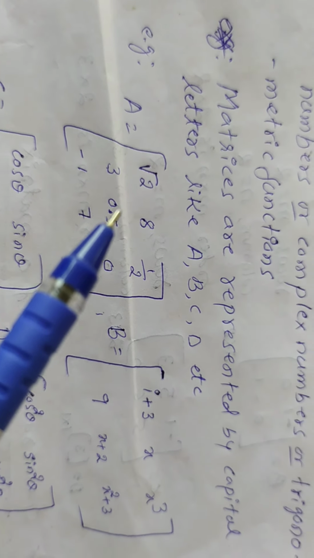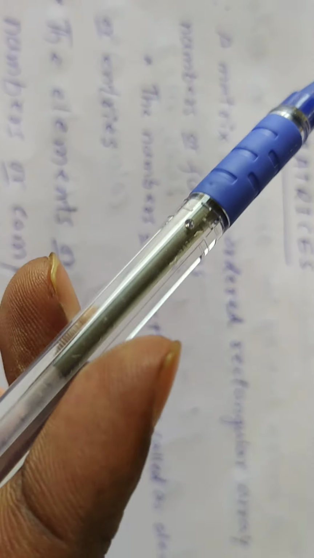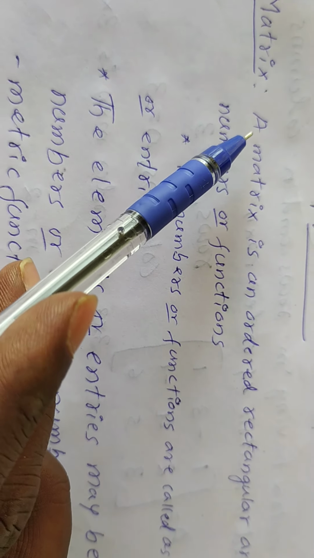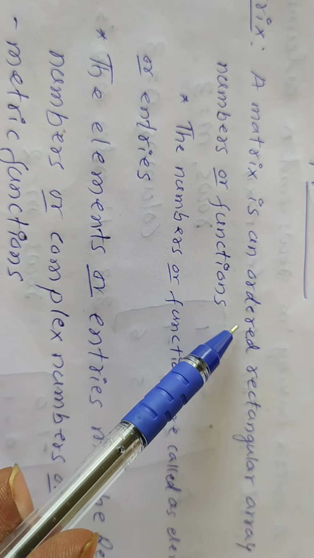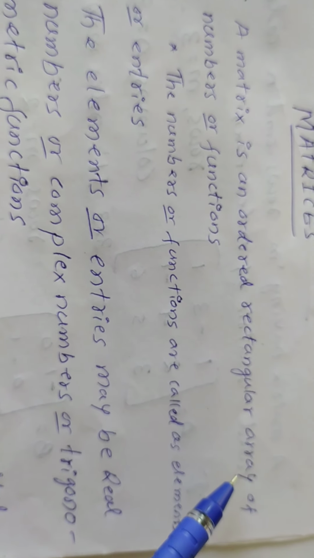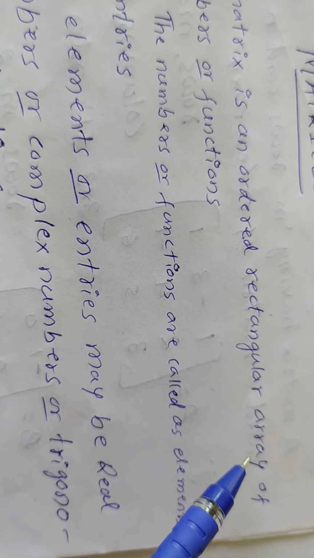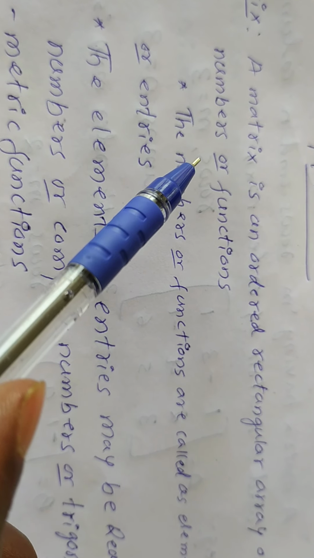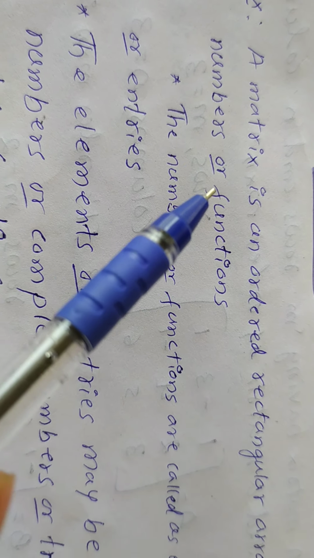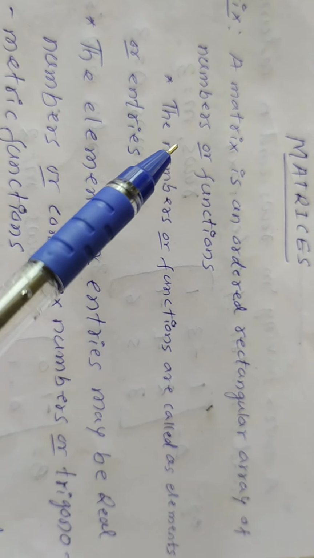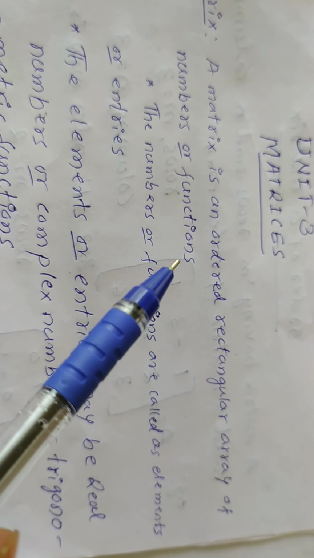Now let me define what a matrix is. A matrix is an ordered rectangular array. Array means arrangement of numbers or functions. A matrix is an ordered rectangular array of numbers or functions.